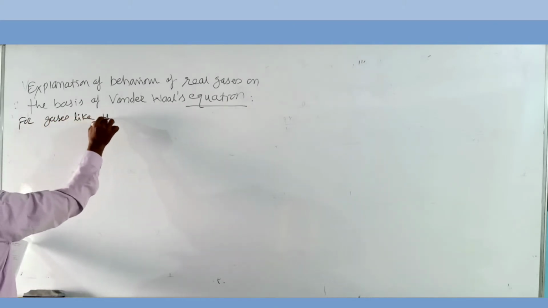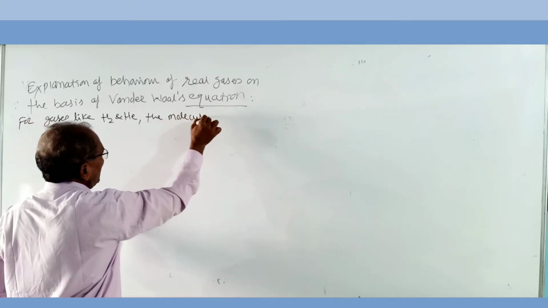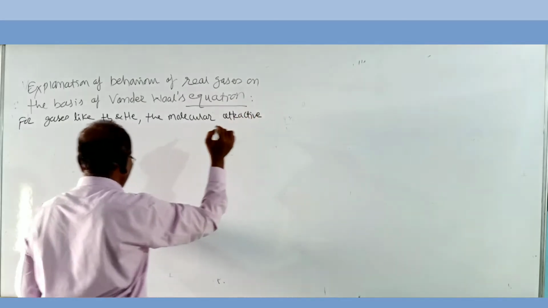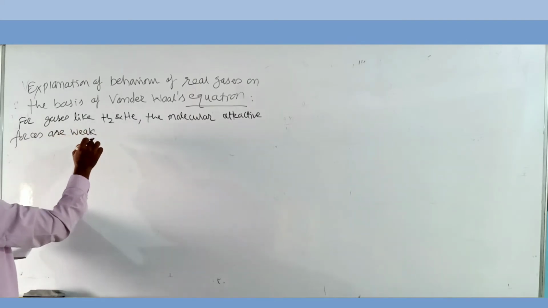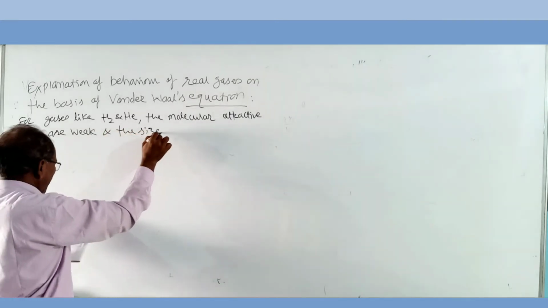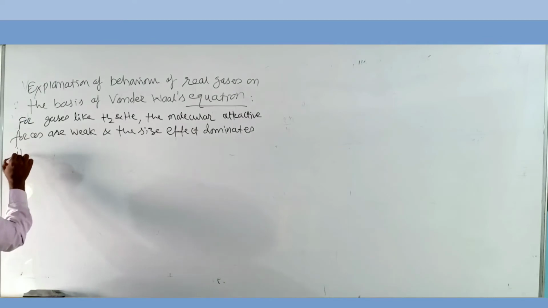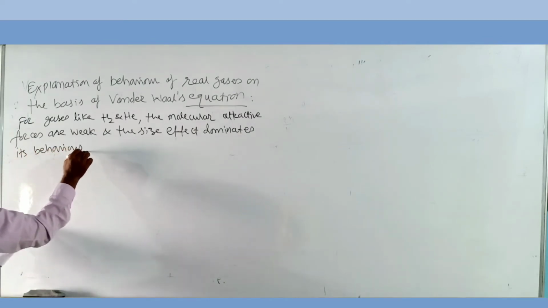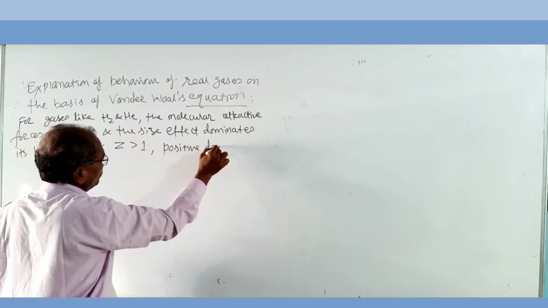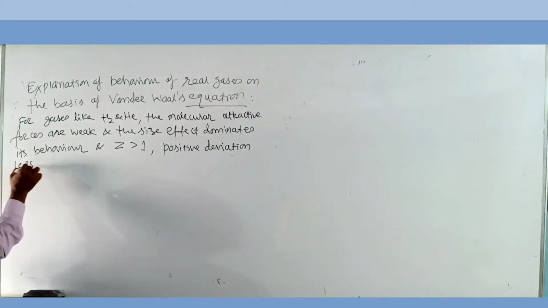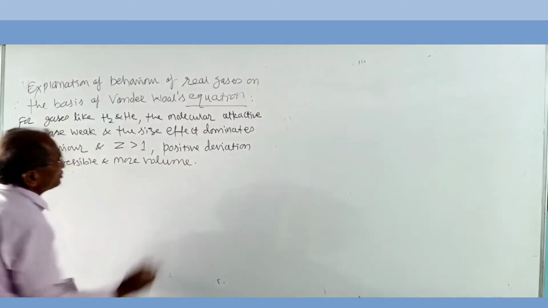For gases like hydrogen and helium, the molecular attractive forces are weak, and the size effect dominates its behavior, and Z is greater than 1, positive deviation, less compressible and more volume.